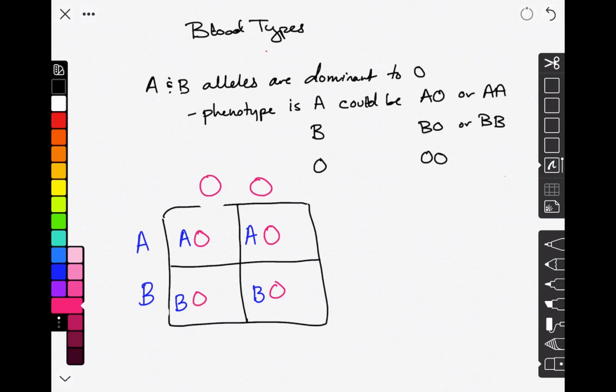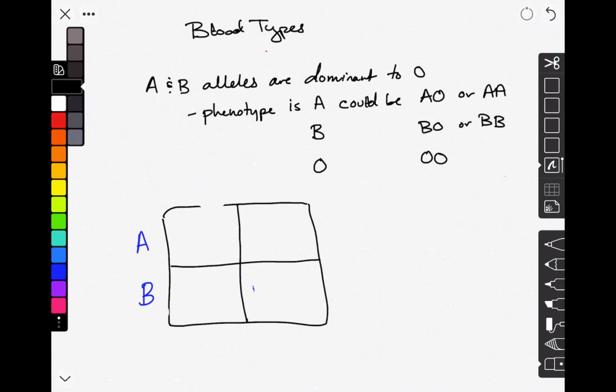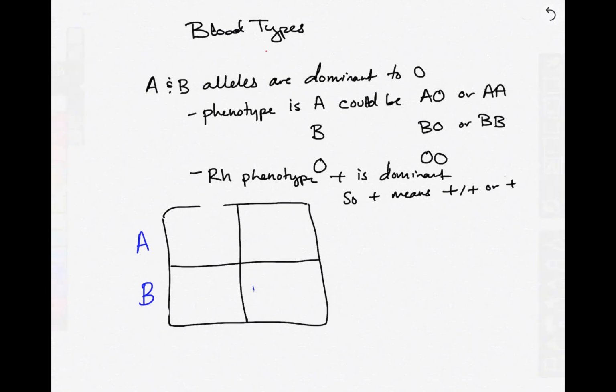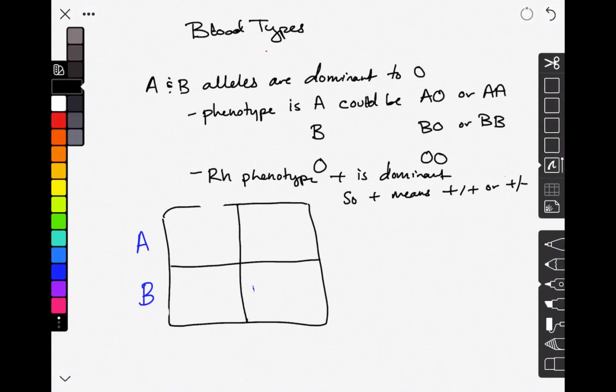The Rh factor is similarly inherited. For the Rh phenotype, plus is dominant. So a plus means that someone could be plus plus or plus minus. And a minus means that you must be minus minus.